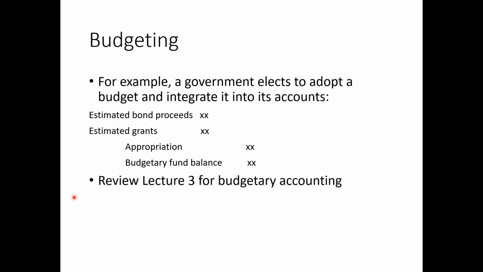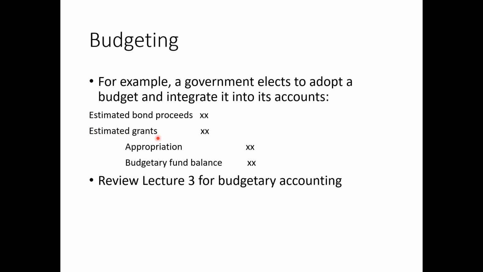For example, a government elects to adopt a budget and integrate it into its accounts. Just like the budget for the general fund, we debit all the estimated revenue. Here we have two sources: we debit estimated bond proceeds and debit estimated grants.